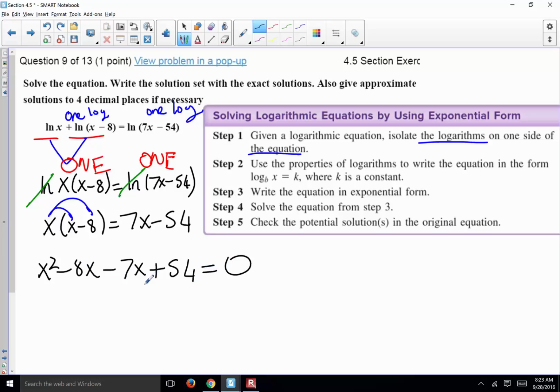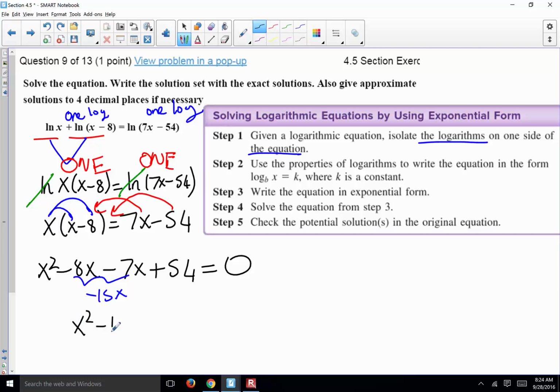Since this is a quadratic equation, I brought everything to the left. I brought 7 and 54 to the left by flipping their signs. I multiplied this out, x squared minus 8x, because I like everything on the left because I want to factor and set each into 0. So we have these two combining to make minus 15x.